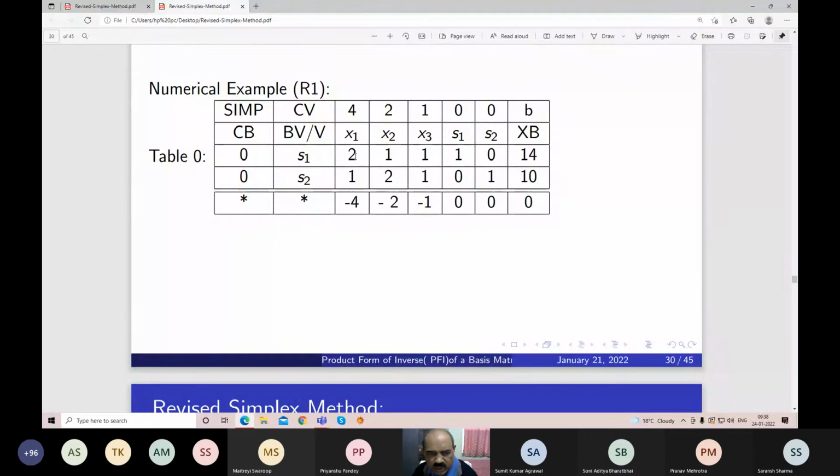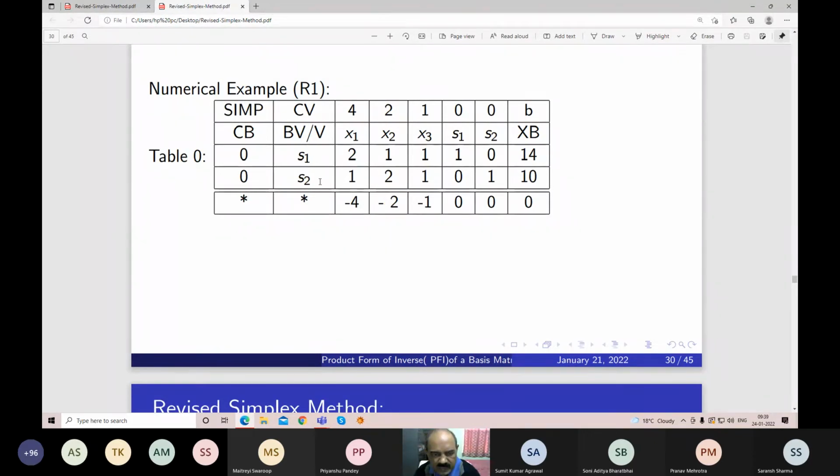Now these two, 2, 1 and 1, 2, are becoming our basis matrix. So the inverse, as you know, will be 2 by 3, minus 1 by 3, minus 1 by 3, 2 by 3.